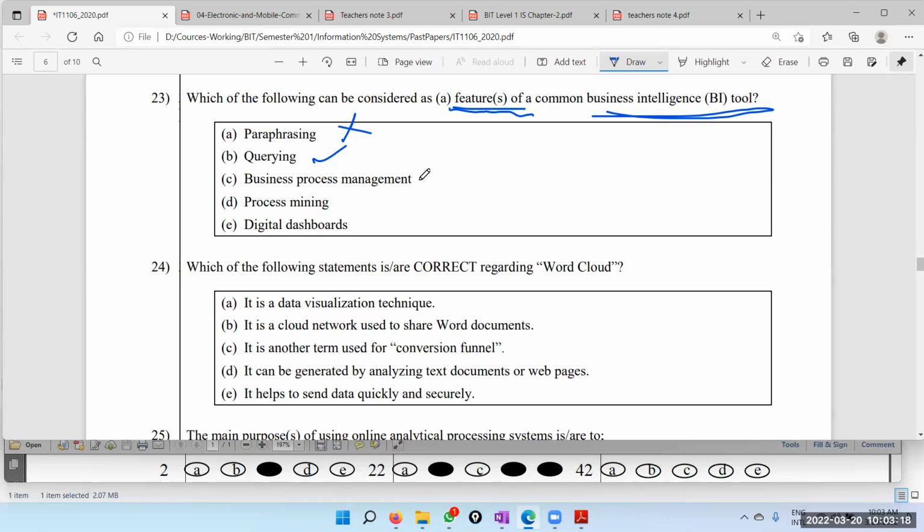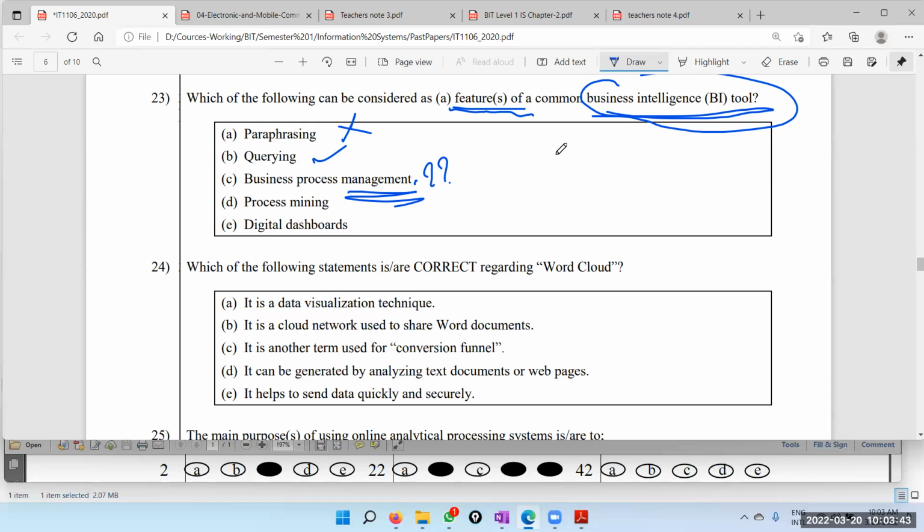Business process management, BPR, managing business processes. Yes, maybe, right? Because once we get more and more business intelligence, we can manage it. But that is not a direct answer because business intelligence is more into strategizing, but again, it's part of the management as well. Process mining. Right?